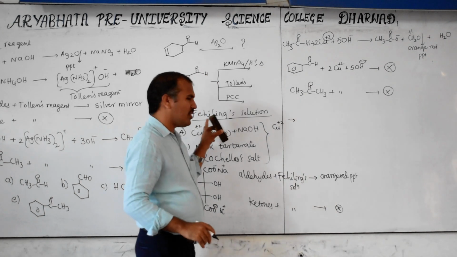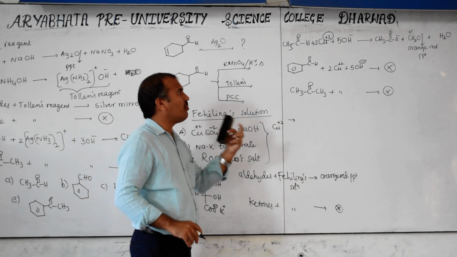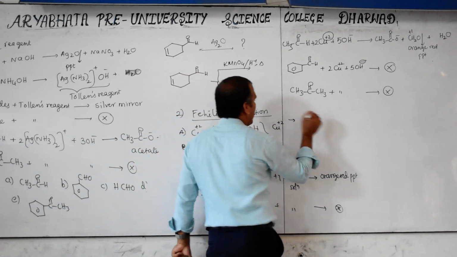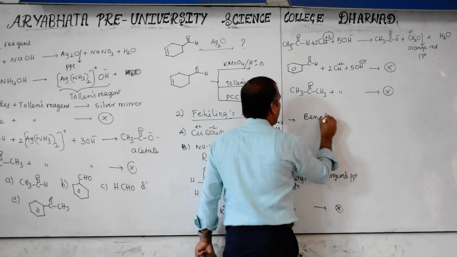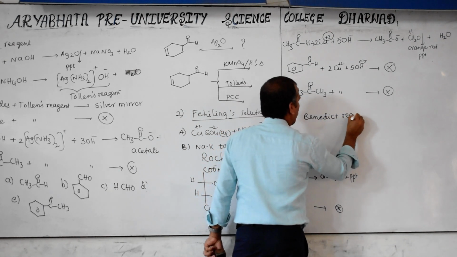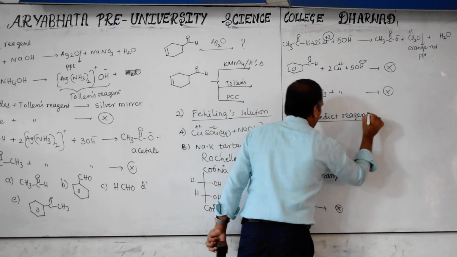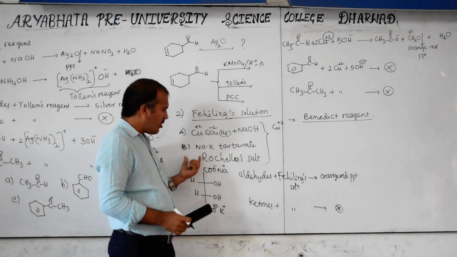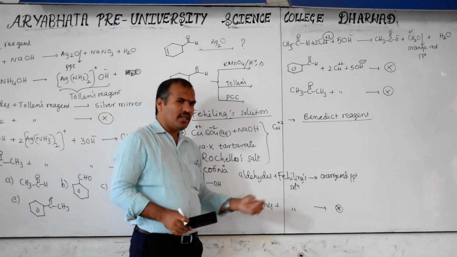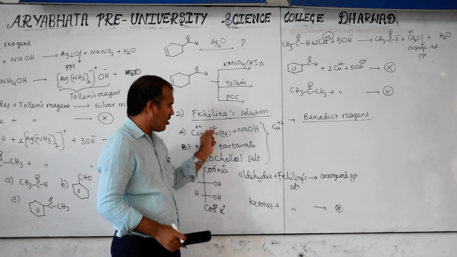Similarly, one more reagent is there, after Tollens' reagent: next, Benedict's reagent. What is Benedict's reagent? This Benedict's reagent is similar to Fehling's solution. Whatever work Fehling's reagent does, the same reaction will be done by Benedict's reagent, but with a small change in the formulas.